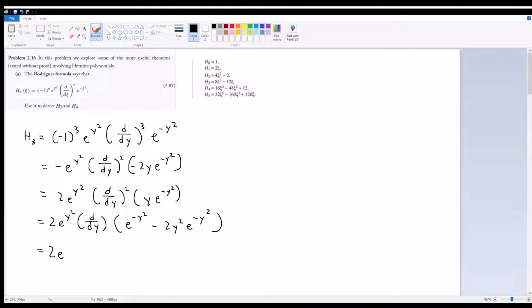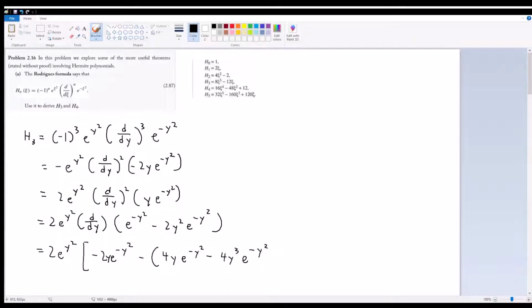Then 2e to the y squared, and then finally negative 2y e to the negative y squared, subtracted by, and then we'll use another product rule on this. This gives us 4y times e to the negative y squared, and then minus 4y cubed e to the negative y squared.